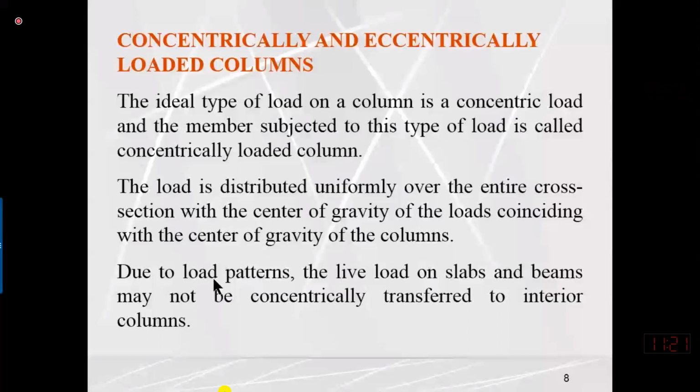So it means that the centroid of the load will be different from the centroid of the column, and the column is subjected to eccentric load. Due to eccentricity, there will be some extra moment, which will cause some extra bending stress along with compressive stress, and that may lead to reduction in capacity.